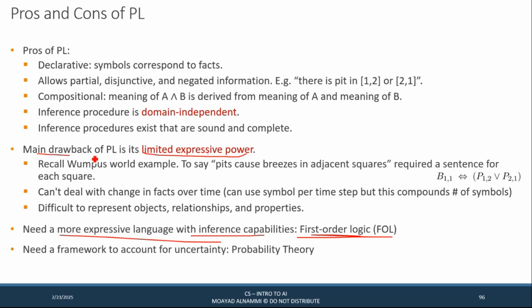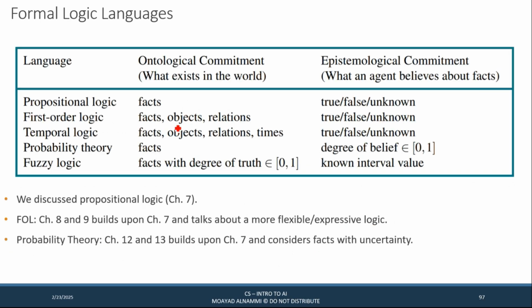Another thing that PL doesn't account for is uncertainty, right? So we need a framework for uncertainty, and one thing we can use for that is probability theory. So in terms of languages, we use propositional logic, but we could have used first order logic, which gives us more expressive power, as well as some other type of logic.